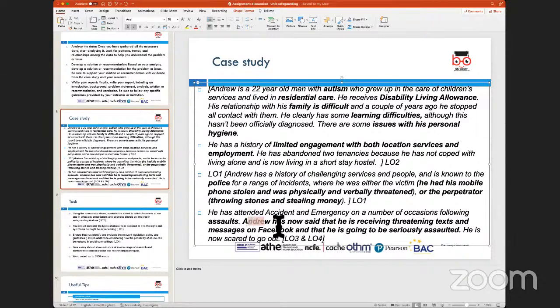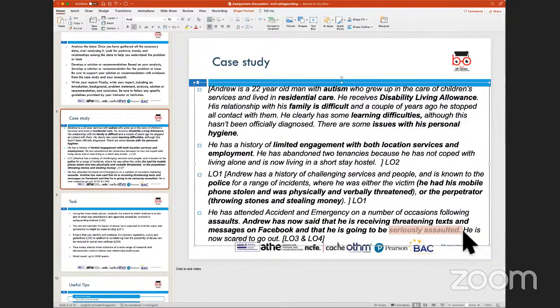So if the agencies do not respond and take seriously that he's receiving threats and messages on Facebook, he is going to be facing the likelihood of abuse. And this is serious assault, which is physical abuse. This is definitely related to learning outcome 4.